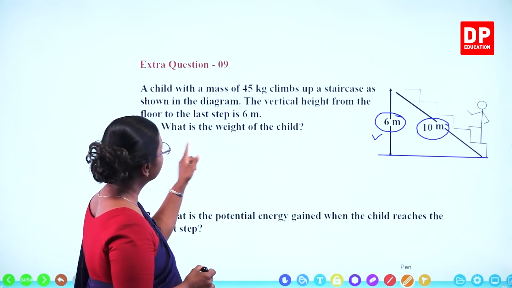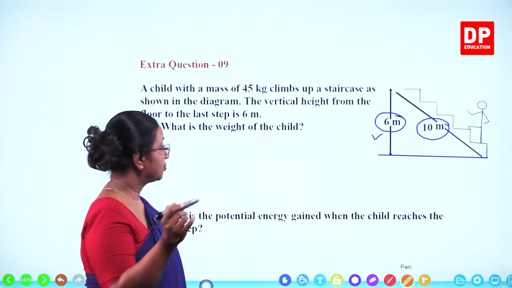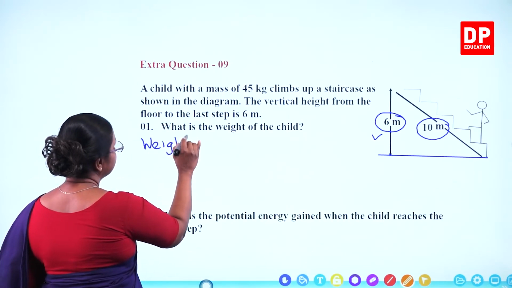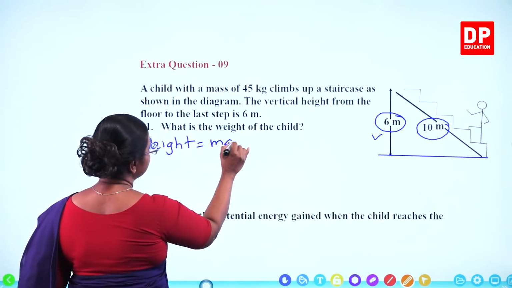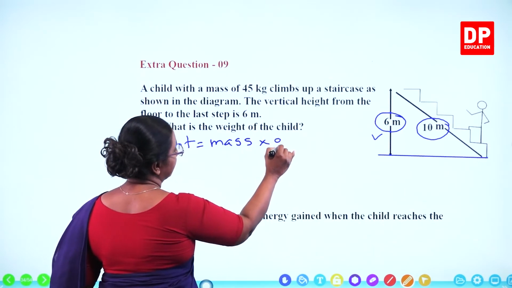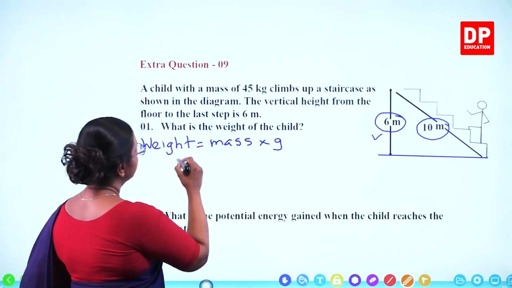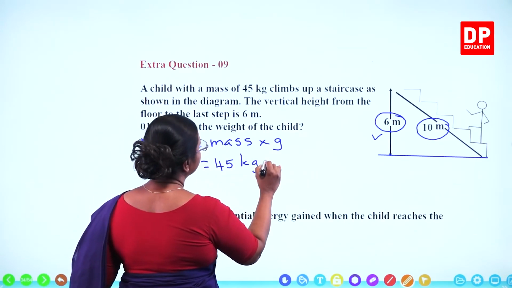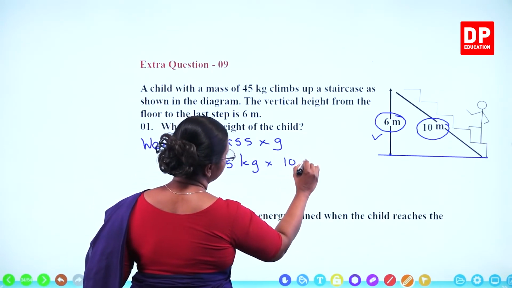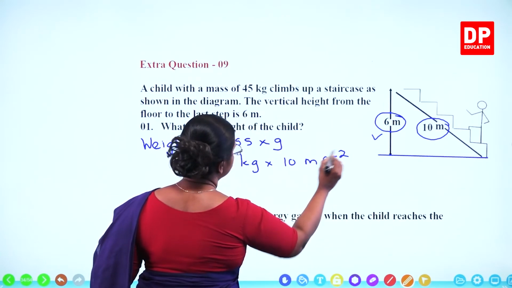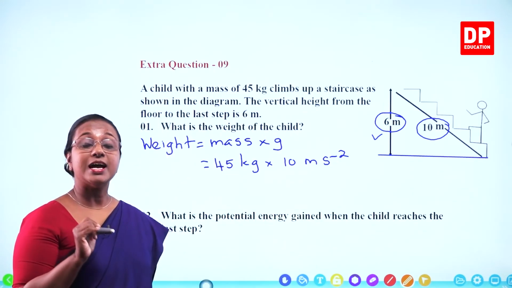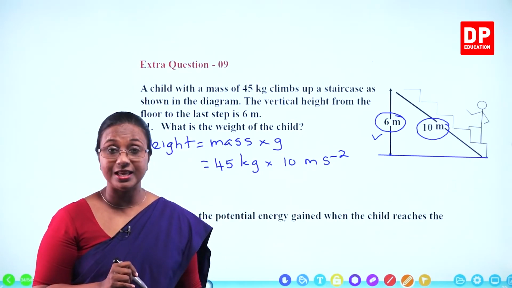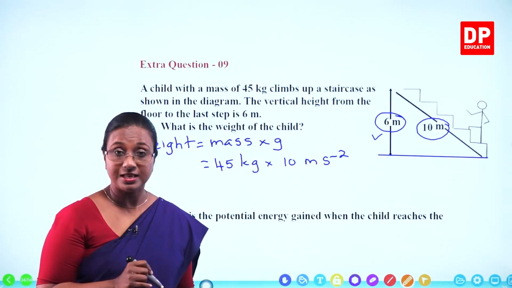First question is, what is the weight of the child? So you all know what is the equation for weight. Weight is equal to mass into gravity, g. So their mass is 45 kilograms and gravitational acceleration, you all know, 10 meters per second squared. The exact value is 9.8 meters per second squared, but normally for calculations, we take it as 10 meters per second squared.